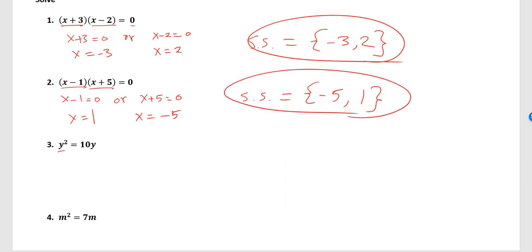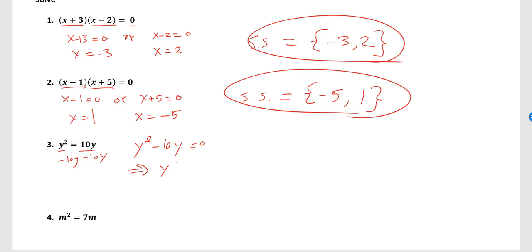Next we have y squared is equal to 10y. By subtracting 10y from both sides, we have y squared minus 10y equals 0. We can factor out the y.